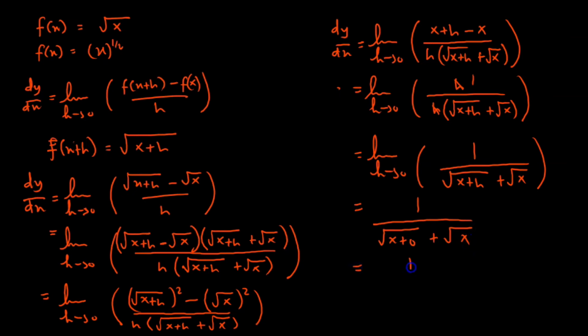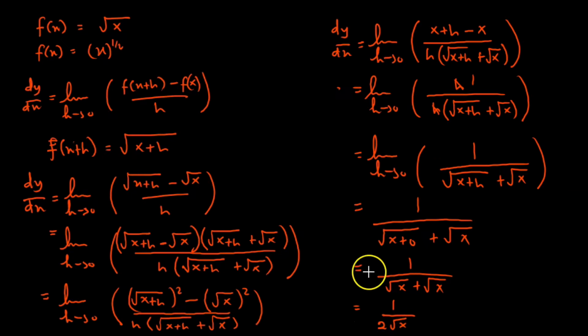And that'll be left with 1 all over square root of x plus square root of x. And when you have the addition of two surds with the same radicand, then we need to add up the coefficients. So that is going to give us 1 over 2 root of x.